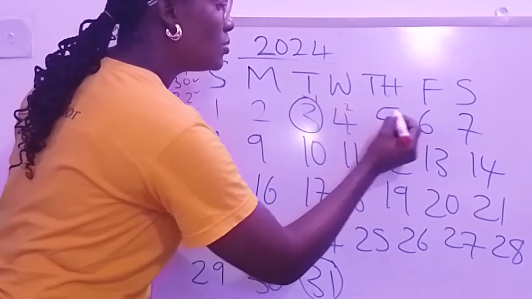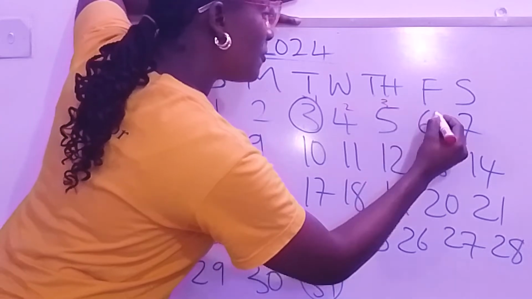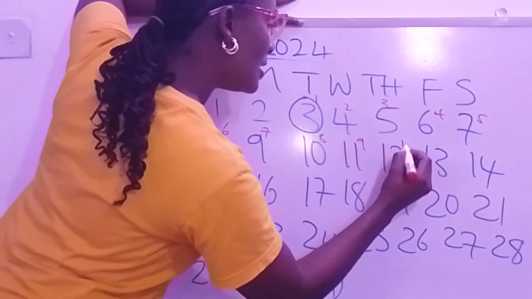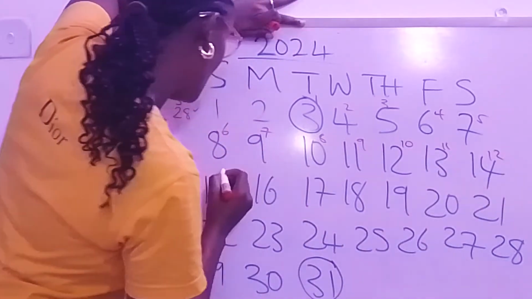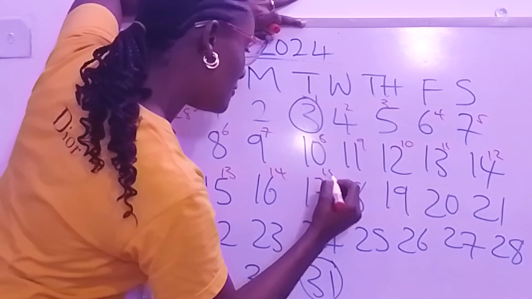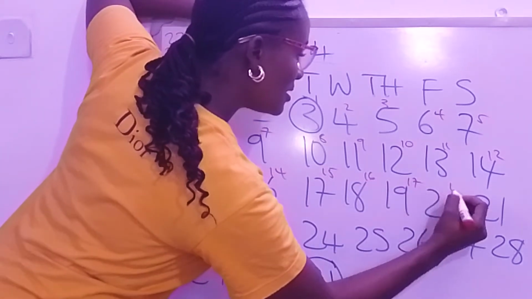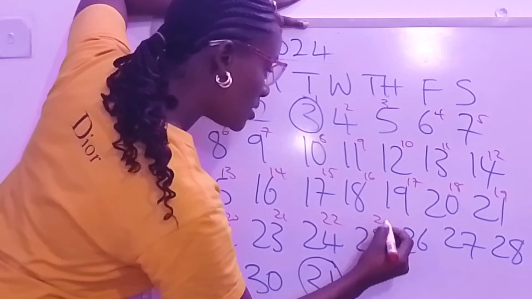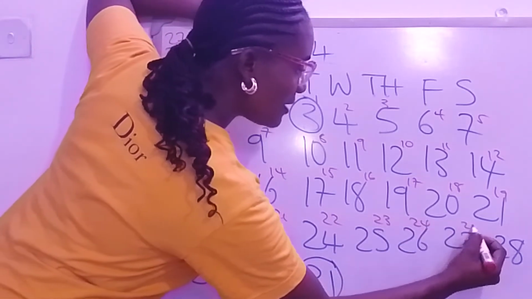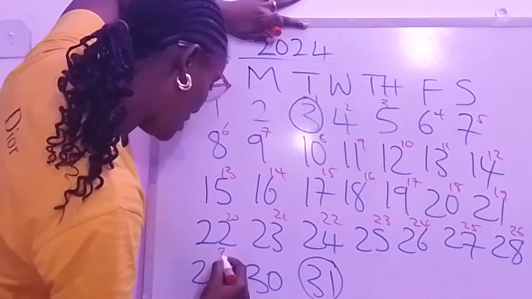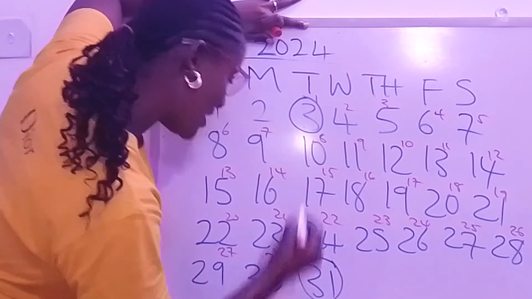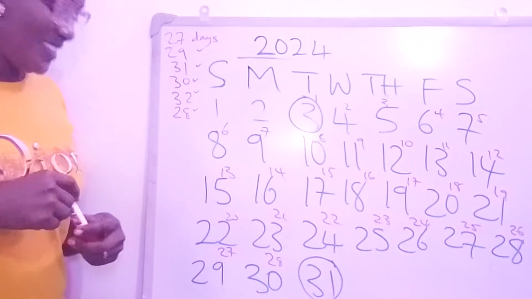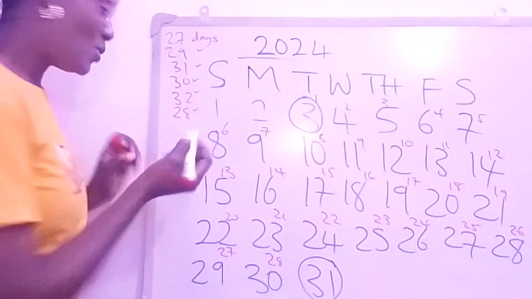You keep counting. 2, 3, 4, 5, 6, 7, 8, 9, 10, 11, 12, day 13, day 14, day 15, day 16, 17, 18, 19, 20, 21, 22, 23, 24, 25, 26, 27, 28. So we have a 28 days cycle. So you write down 28.